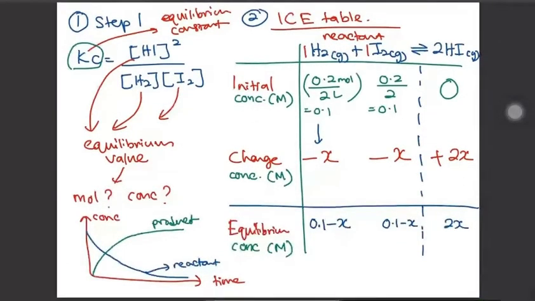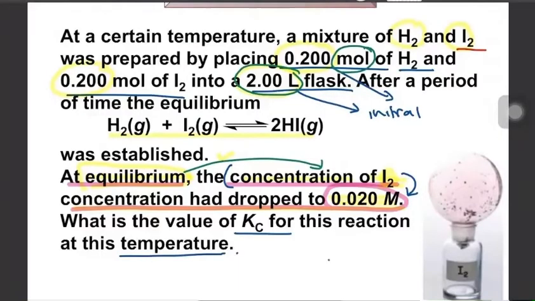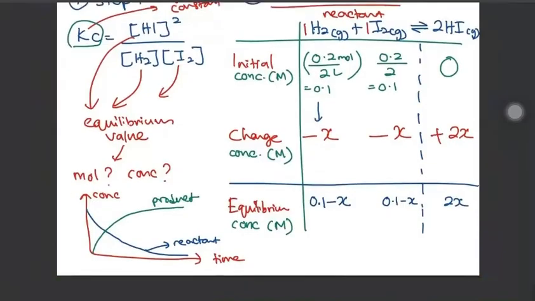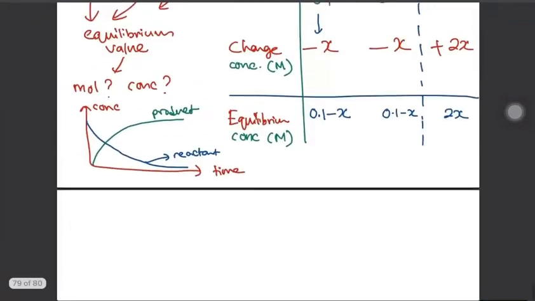And the next thing in the question, if you realize, like what Farah said just now, is that they have given the equilibrium concentration for iodine, which is 0.02. Therefore, as you can see over here, this value is equivalent to 0.02 molar.